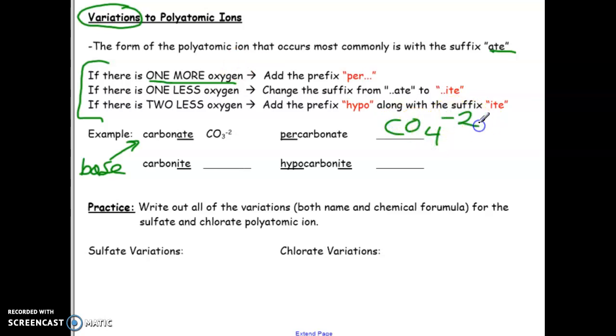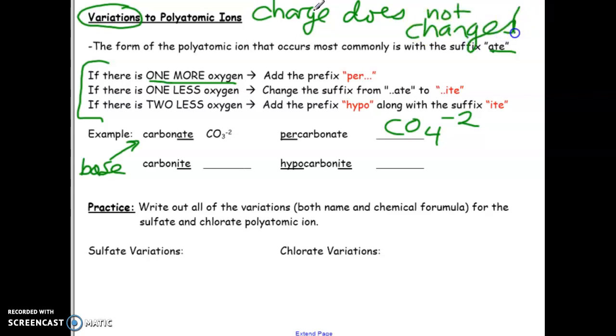But the charge actually never changes. Okay, the charge does not change. So here, 1 more oxygen. What we're talking about here is in comparison to the base name. So if there's 1 more oxygen from the original base, you add per.